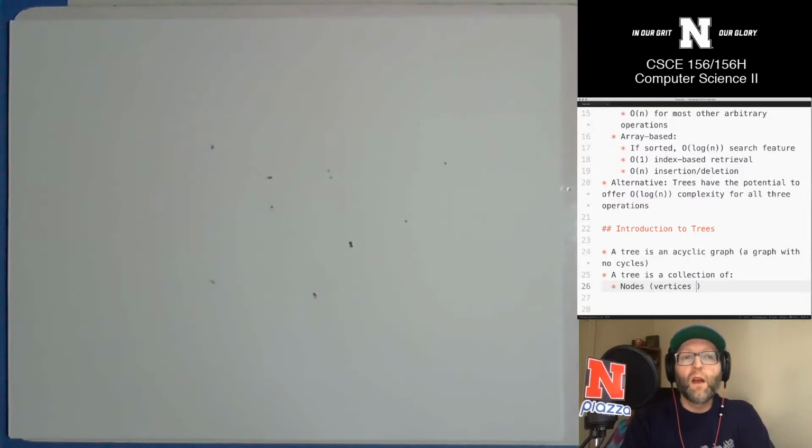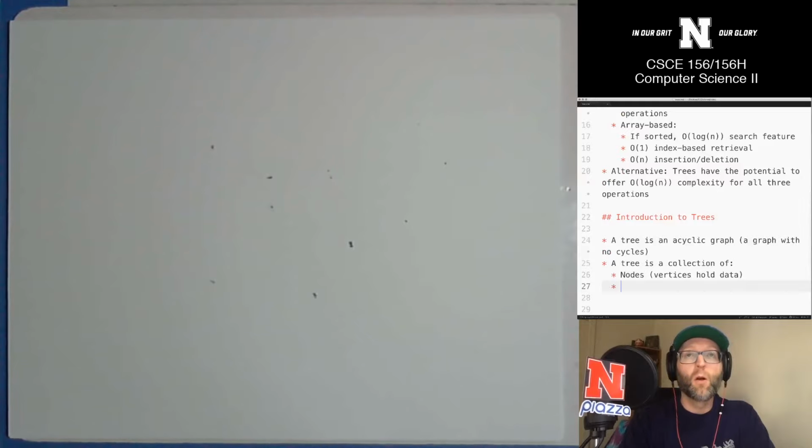Nodes generally hold data, or represent something. In an ER diagram, they represent a table. In a UML diagram, they represent a class, right? So we usually call them nodes that are connected by edges, right? And in this case, they're undirected. There is no orientation. Right?